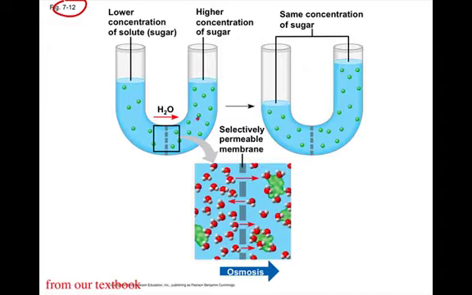All right, awesome. And here's one of my favorite images, and that is that we can start out with just an artificial semi-permeable phospholipid bilayer separating these two open tubes.